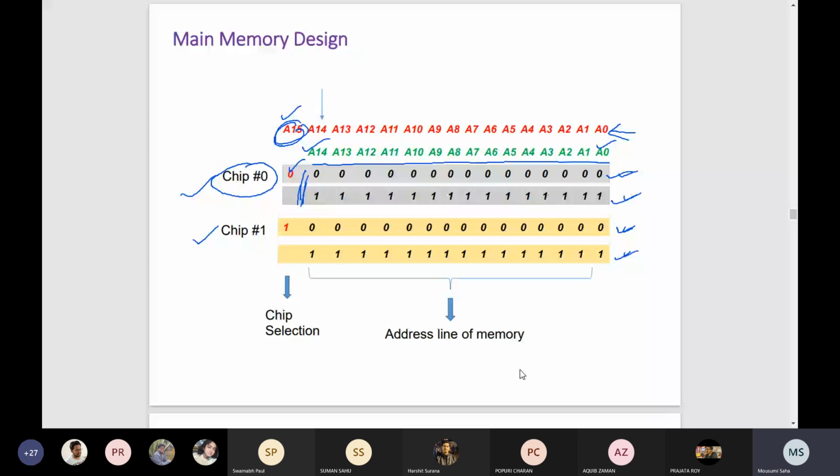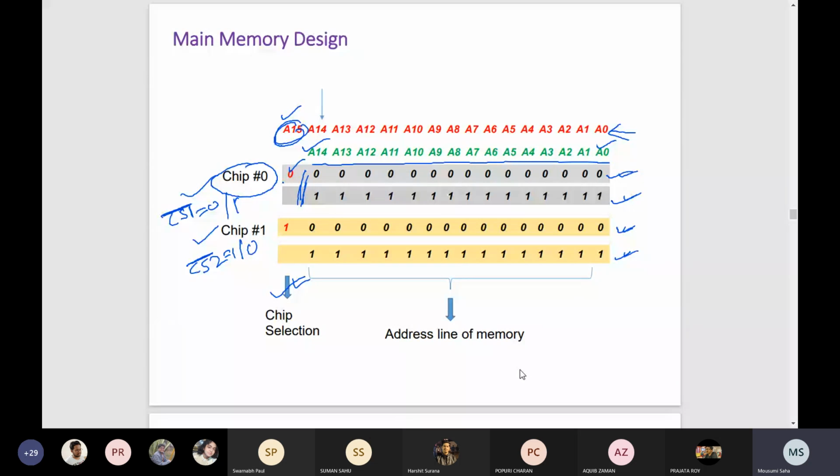If A15 is 0, then CS1 is 0 and, considering CS2, which we know is a complement chip select, CS2 will be 1. When A15 is 1, CS1 will be 1 and CS2 will be 0. So you can understand that at a time one chip will be selected. At a time both ICs will not be selected here. So with the help of A15, we can select the chip.